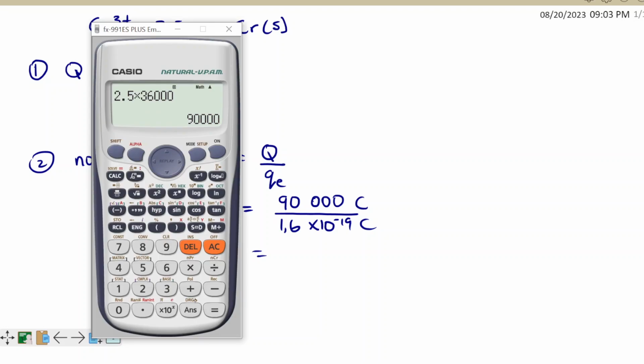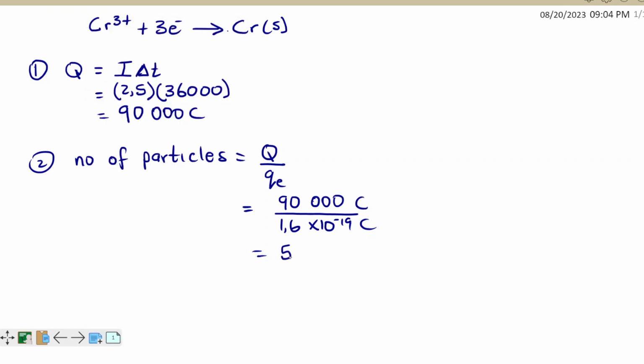So we get now the number of particles, which is 5,625 times 10 to the power 23. This is the number of electrons, or the number of particles.